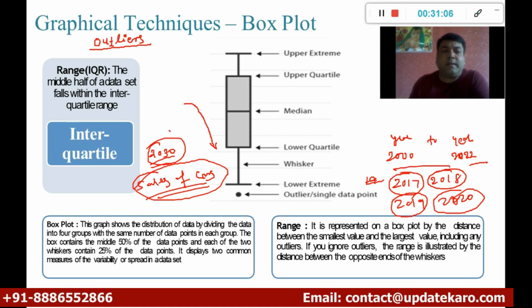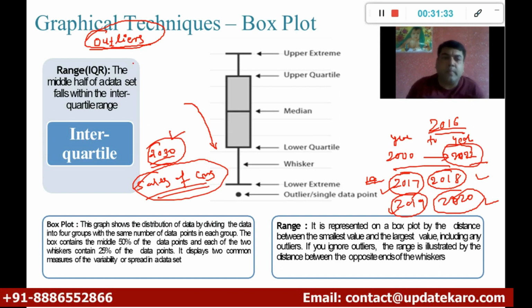So at 2030, these figures for these 4 years, the sales of cars may look like an outlier to you, because they are not in line with the data from 2000 to 2022. So maybe up to 2016 everything was okay, and from 17, 18, 19, 20 to 22, the next 6 years, the sales have dropped.